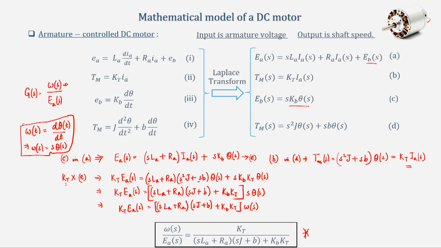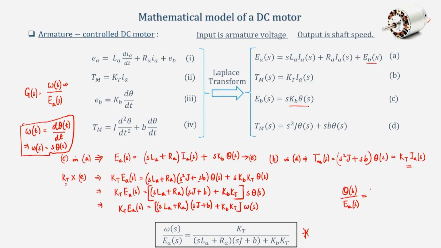Okay. Now, in this example I took output as speed of the shaft. You can also have output as angular displacement of the shaft. In that case, we would have found out theta s by Ea s, but since we have already found out omega s by Ea s, you know omega s is nothing but s theta s.